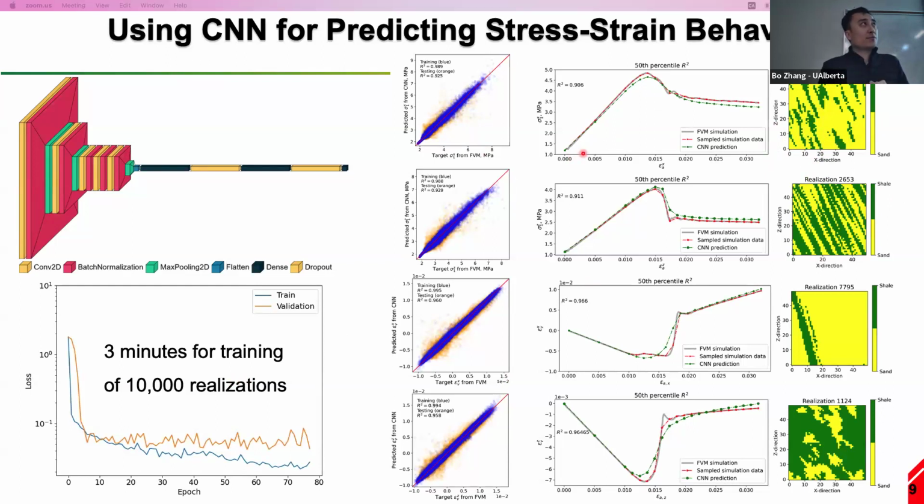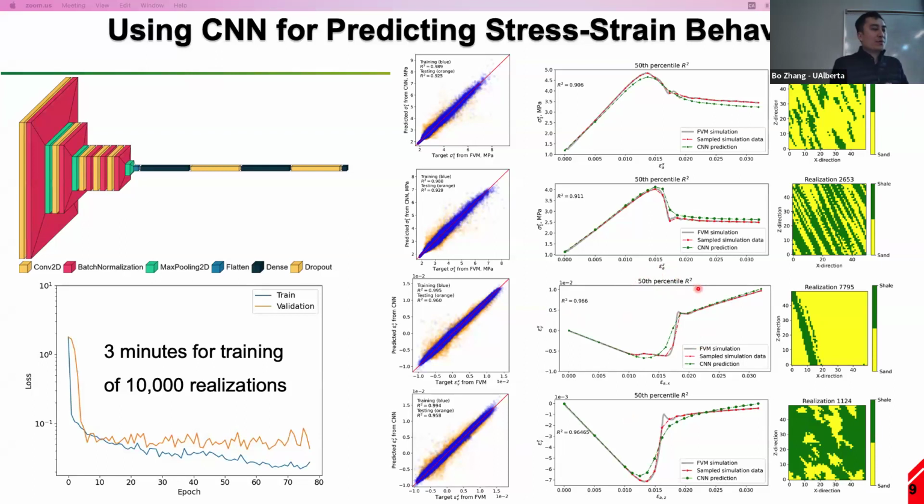One CNN model is for the shear strength in X and Z direction, and also the stress strain behavior in X direction, stress strain behavior in Z direction, and volumetric change in X direction, and volumetric change in Z direction. When we load in X and Z direction, volumetric strain would be the same. If we look into details, we only show the 50th percentile, which is the average performance for a CNN model, which is pretty good.